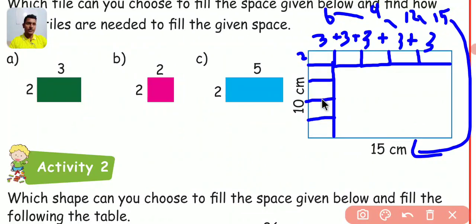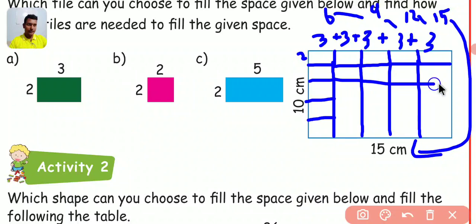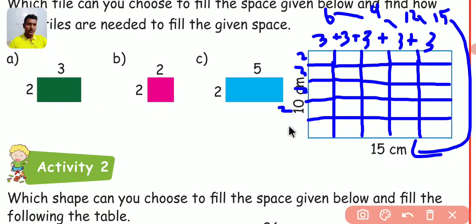Okay, now you just join that line, that's all. Now you see this length is 2, this is 2, this is 2, this is 2, this is 2. If you add this length, you will get 10 centimeter, and if you add this length, you will get 15 centimeter. Okay, now the fixing way is correct.